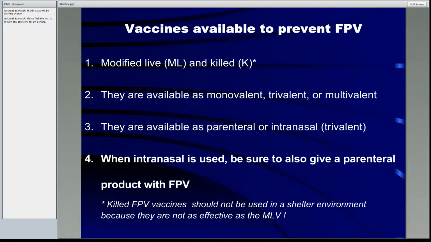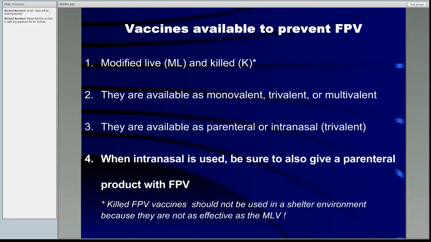Well, in these shelters where panleukopenia was occurring, we found that they were using the intranasal three-way vaccine: panleukopenia, calici, herpes. That's not a good way to vaccinate cats for panleukopenia. Injection is much better because the primary cell where that vaccine virus will replicate is a lymphocyte, and they weren't getting to the lymphocytes very easily when given intranasally.